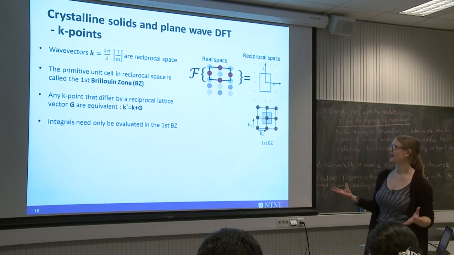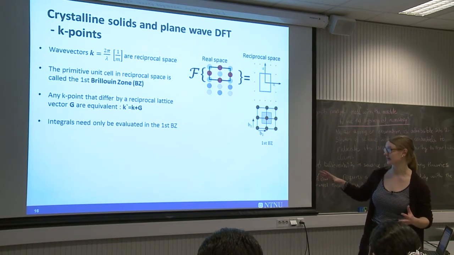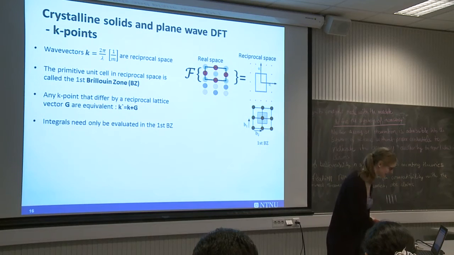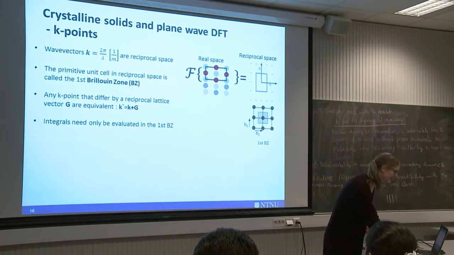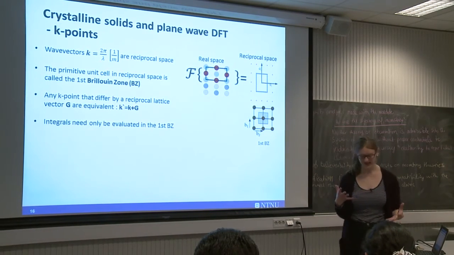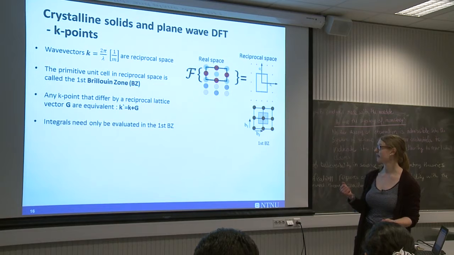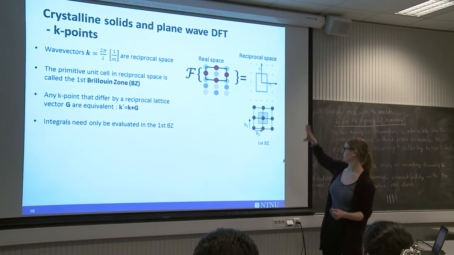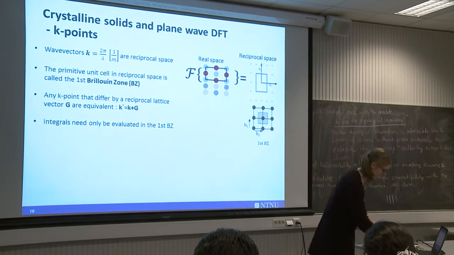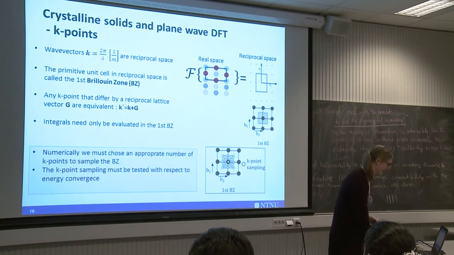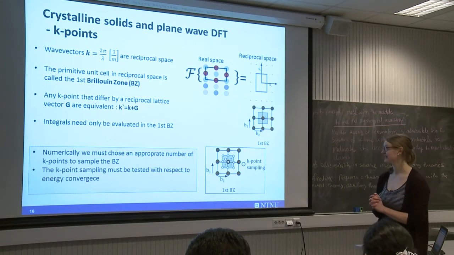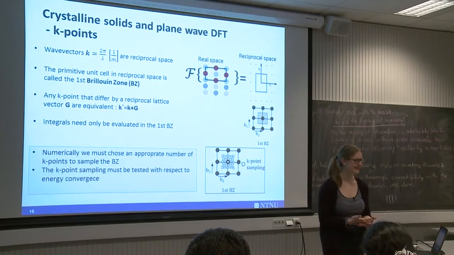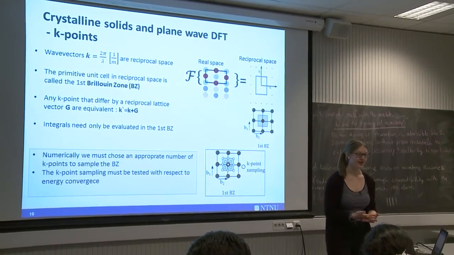Not dwelling too much on this either, it means that the math in DFT, in terms of evaluating integrals in K-space, means that you only integrate over your first Brillouin zone.